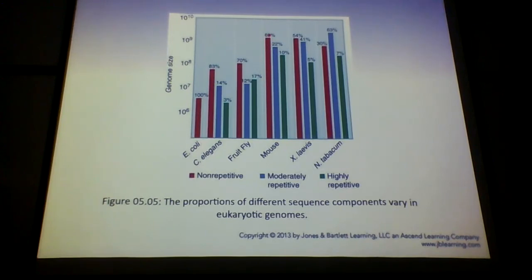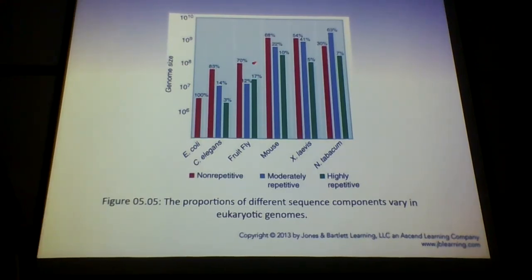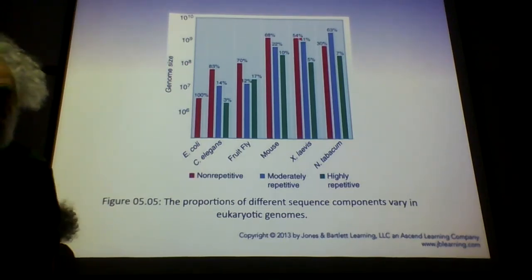But we begin to see the same sort of differences, that we have an increase in the amount of single copy DNA, non-repetitive DNA, which is owing to the fact that going from an invertebrate to a vertebrate mammal represents a pretty large increase in the amount of genes required to achieve that complexity. So here's Xenopus, and they've got a fairly large amount of DNA. Their genome size is pretty high as well, being vertebrates.